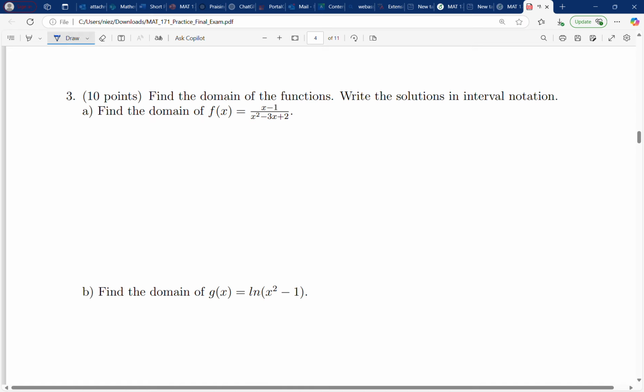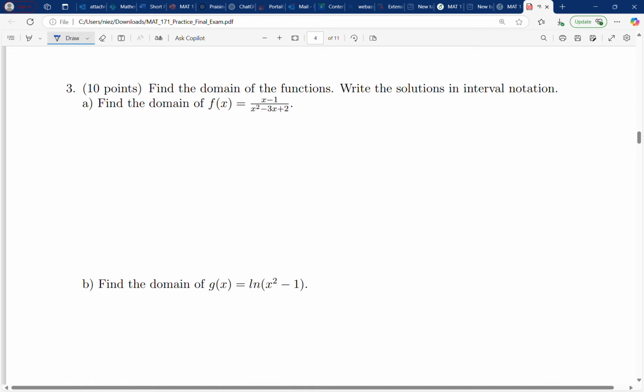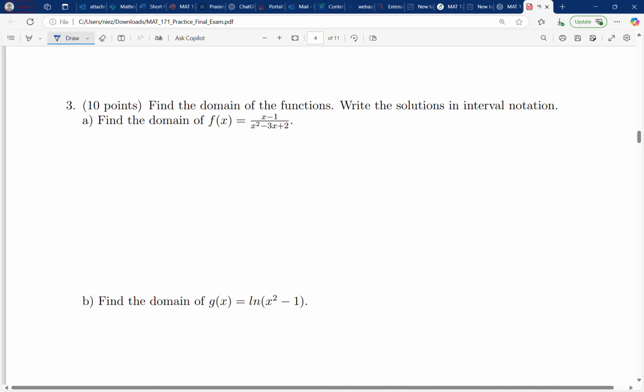Number 3, find the domain. This is a very good question. Look at number 1, find the domain. When we try to find the domain, we need to solve a quadratic equation. Solving this equation is very simple, so we can just use factoring.